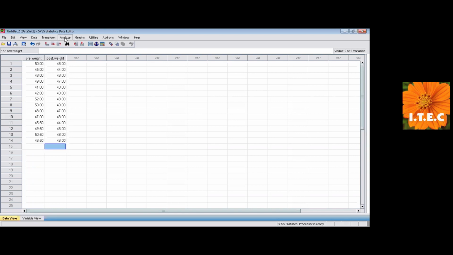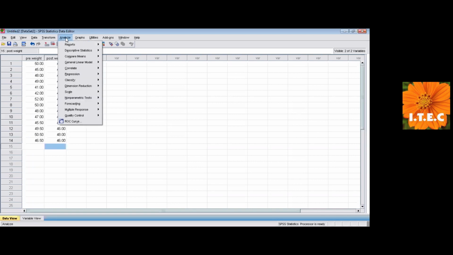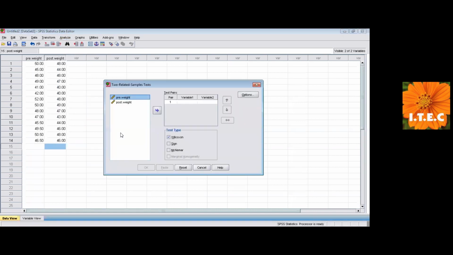So let us go ahead and we go to the non-parametric, and here is 2 related samples. So you have pre and you have post. Now your Wilcoxon is already there. So I want the sign test. So let us have the sign test.